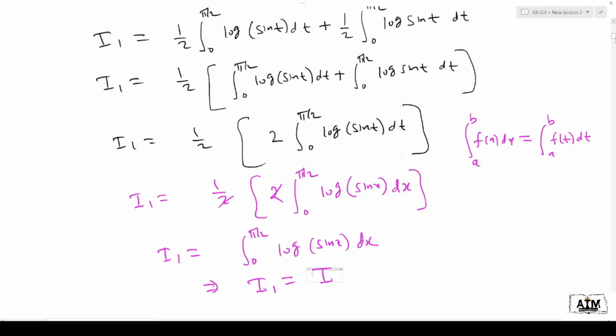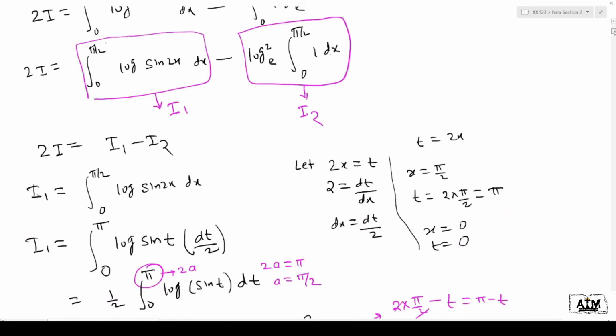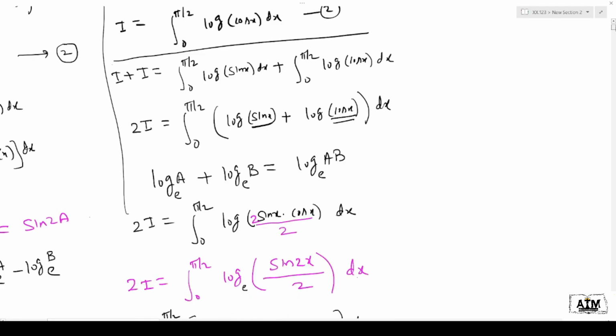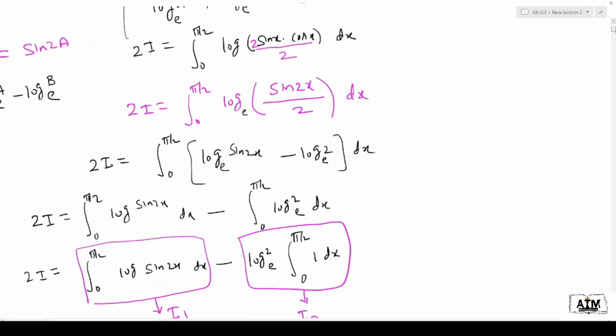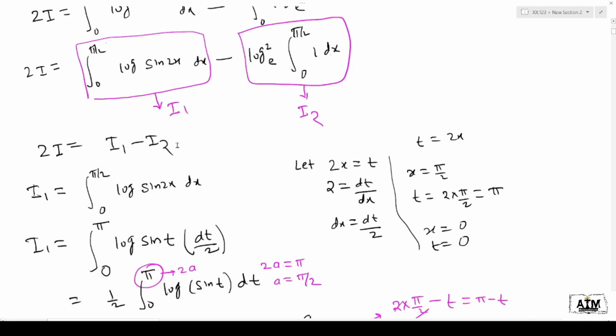Since we have I1 equals I, going back to the previous step, we had 2I equals I1 minus I2.